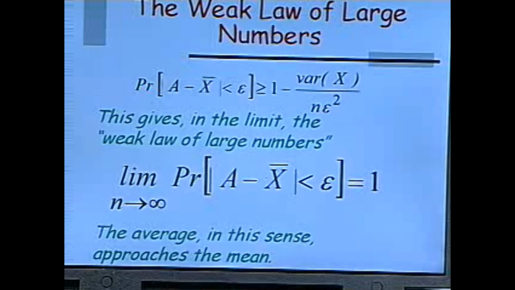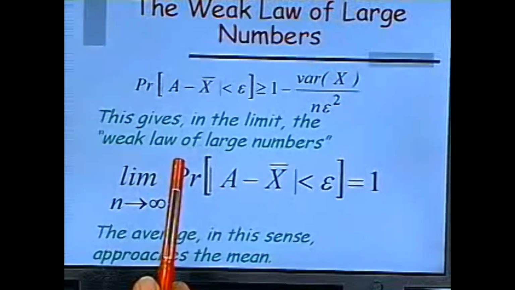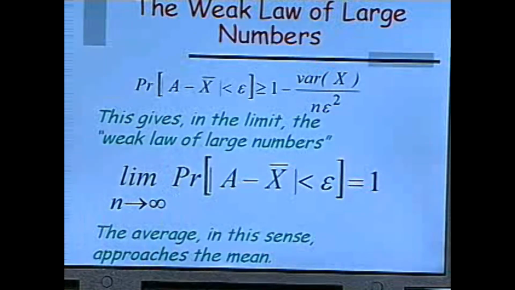So no matter how much I squeeze together this interval, I can make epsilon 10 to the minus thousandth, I can always find an n big enough so that the probability approaches 1 that the average is close to the mean. This sense is referred to as the weak law of large numbers. So the average, in this sense, approaches the mean. Even though we kind of knew it intuitively, we've now proven it.